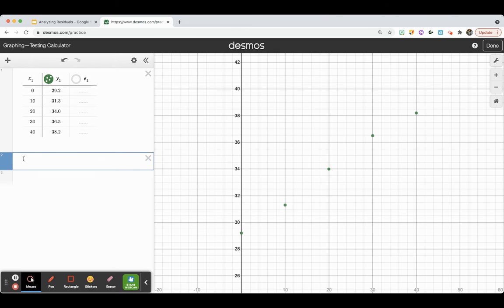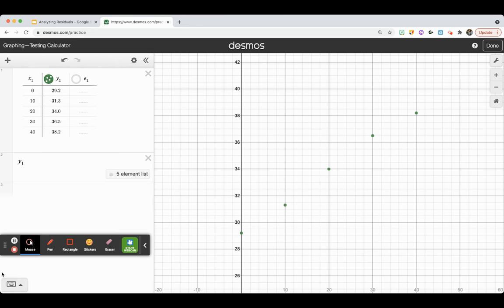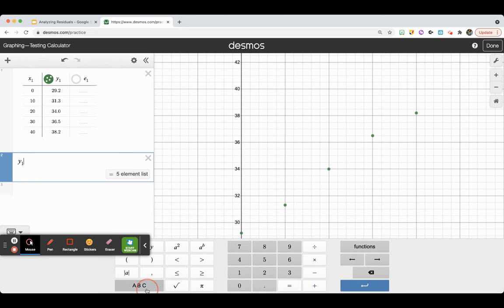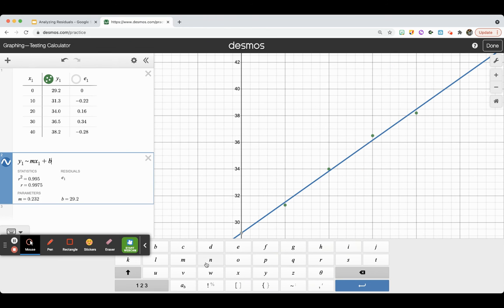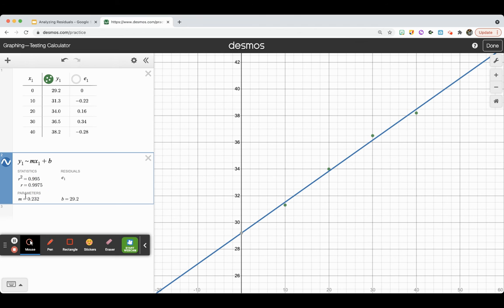I'm going to type in the equation to find our line of best fit. Don't forget to use the squiggly one, y1 ~ mx1 + b. As you can see, r is our correlation coefficient, m is our slope, and b is our intercept. I got the slope 0.23, and my y-intercept is 29.2.